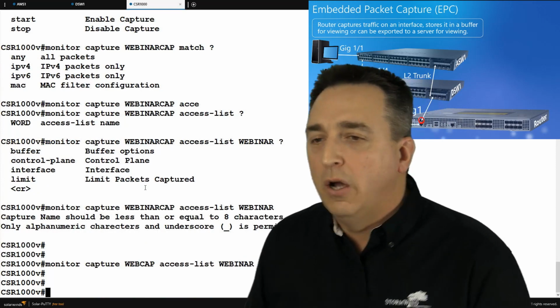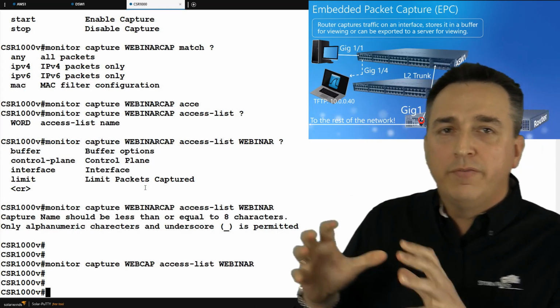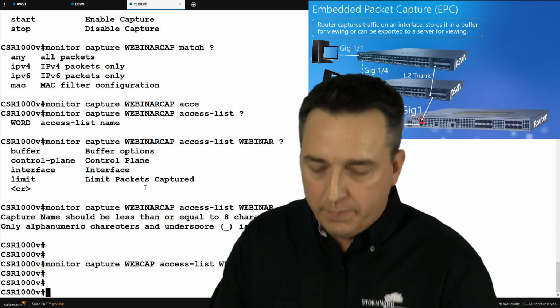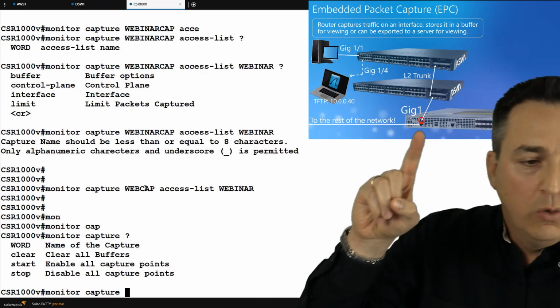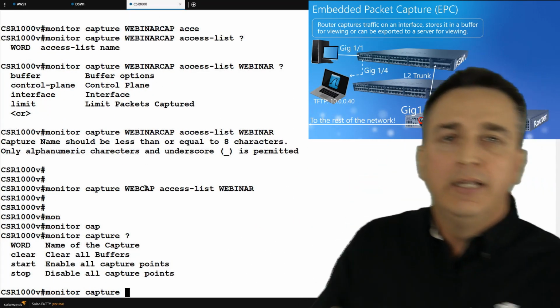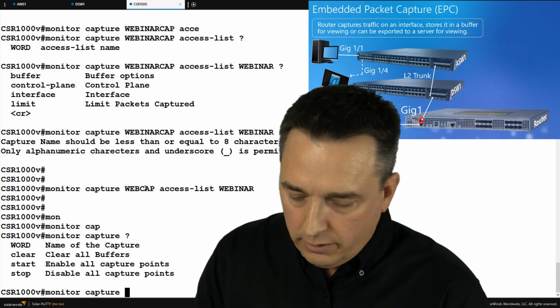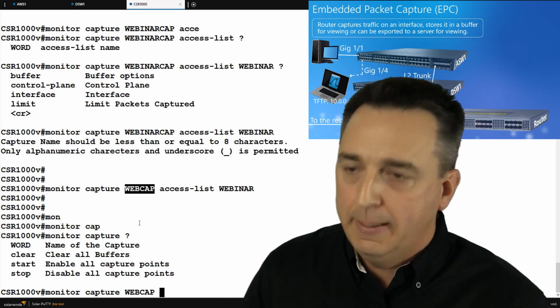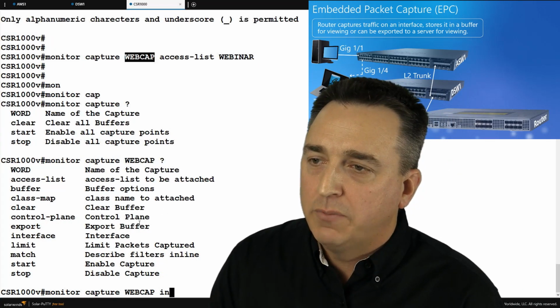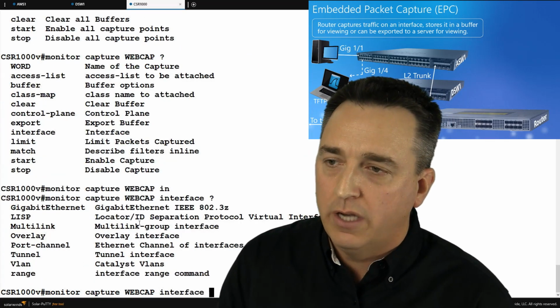All right, so now that I've defined what we want to capture, let's go ahead and actually define what interface we're going to be capturing on. In this case, Gigabit 1. So monitor capture, we called it webcap. So we'll put that in. And now let's match our interface. And what's our interface?